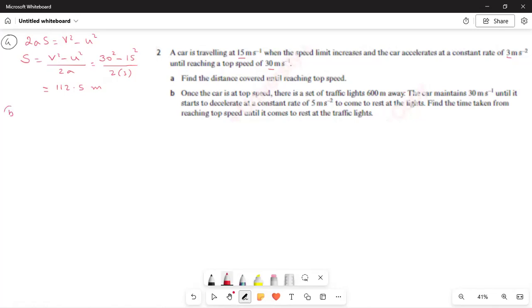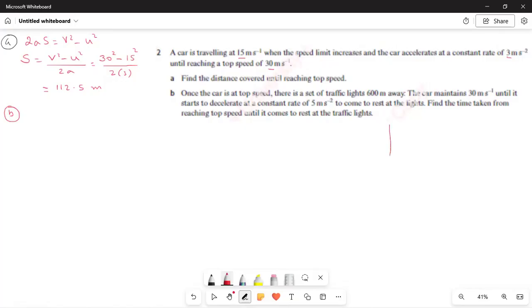Now part B is the more challenging one, which says once the car is at top speed, there's a set of traffic lights 600 meters away. The car maintains 30 meters per second until it starts to decelerate.